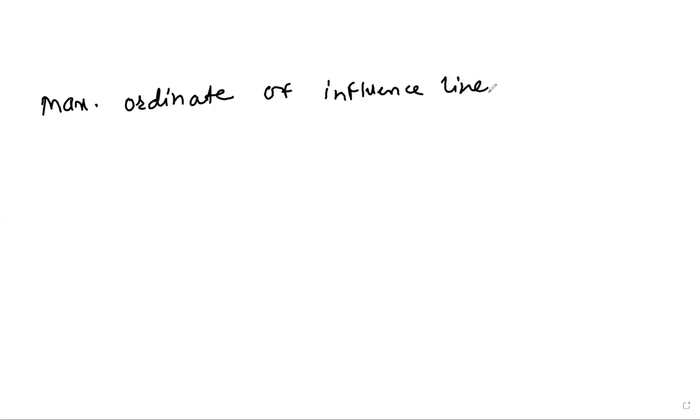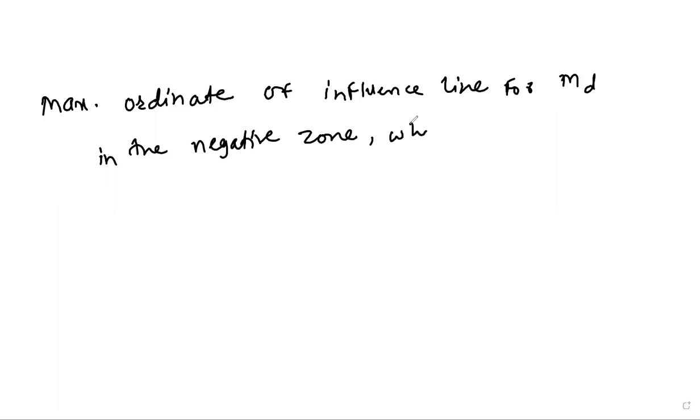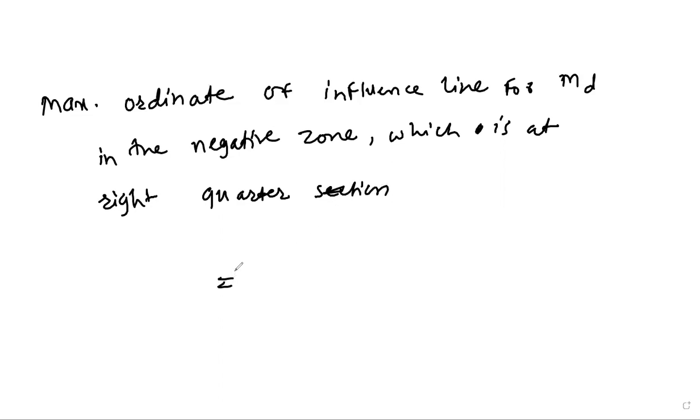Previously it was the positive zone, now we have to consider the negative zone for EMD, which is at the right quarter section. Which is equal to 3.75 minus 2.061.